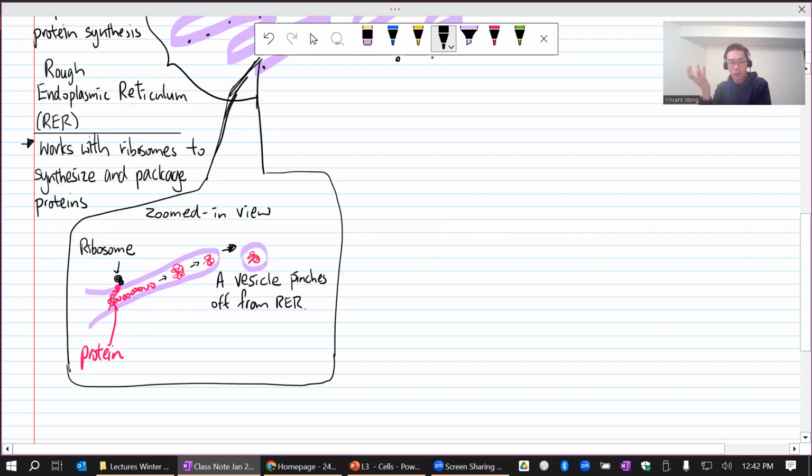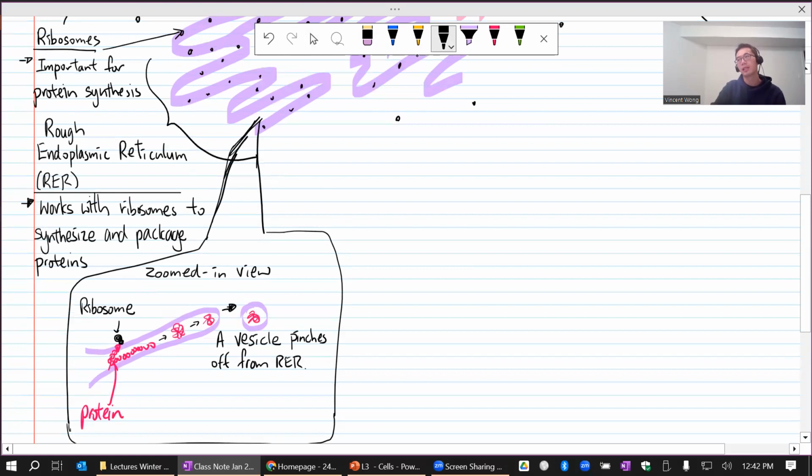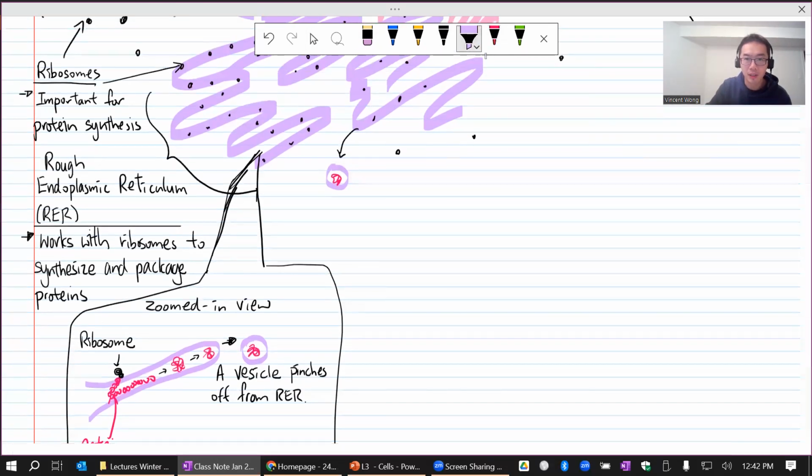And that vesicle is going to have proteins in it. Okay, so that's what's happening in the rough ER. Not only does it make the protein, using the ribosome, but it packages it nicely into this little bubble, vesicle. So you might have a bubble coming off here, and it's going to have some proteins. You might have another vesicle coming off here, right?